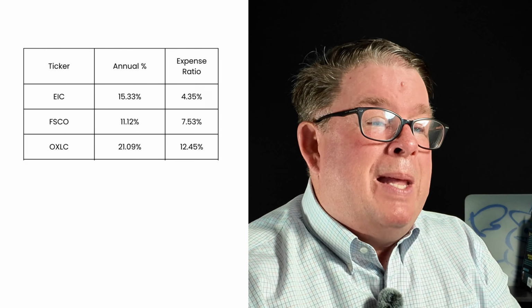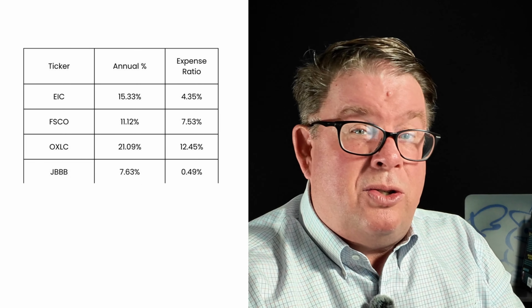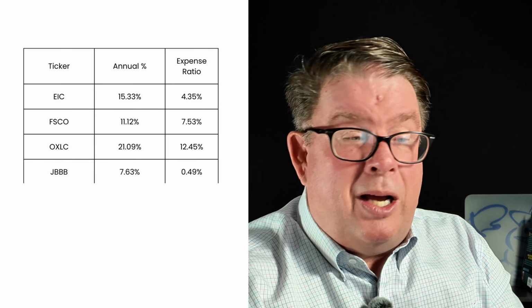The next CLO that I have is JBBB. It's paying about 7.63%, and this is an ETF, and it has an expense ratio of 0.49. Lower expense ratio, but they do BBB, which is in the debt tranche, not the equity tranche.